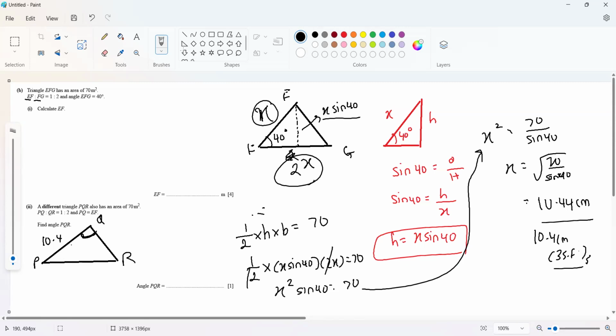So PQ ratio QR is again 1 to 2. So this is one part, this is two parts. So that means if PQ is 10.4, QR is 20.8. Right?